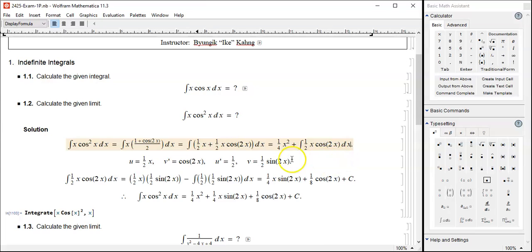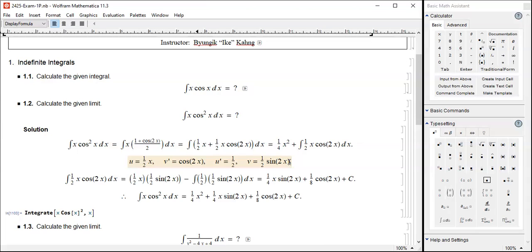Okay, let's do this integration by parts. u v prime, and then u prime v. Make sense? The power function part is u, and the trig part is v prime. And u prime, we have 1/2. For v, sine becomes cosine, the other way around, cosine becomes sine, but you have to be a little bit careful about this coefficient.